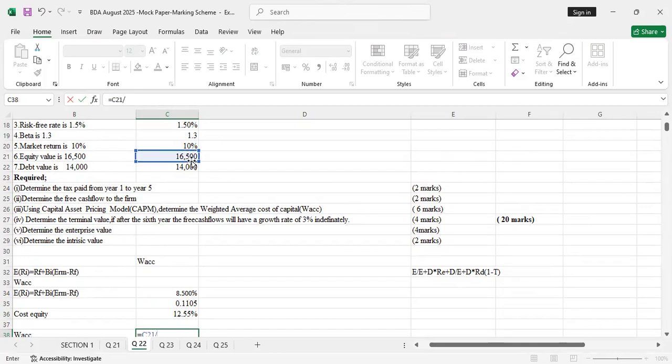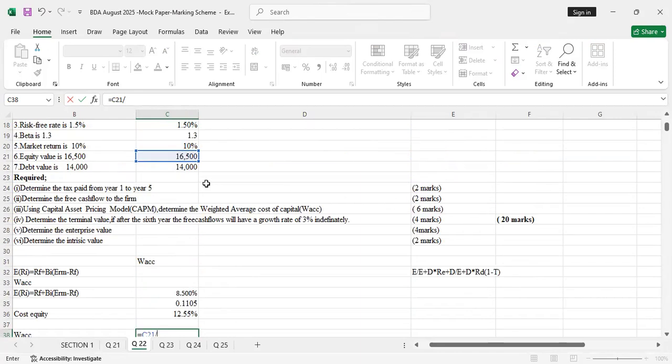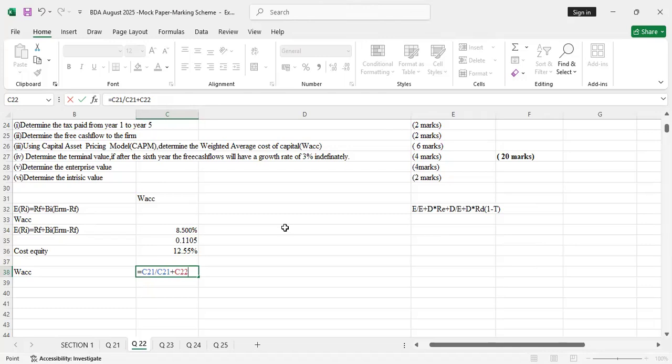You divide by the sum of equity plus debt. What was the equity? Equity value, still this one. Then you add the debt value. That way. And then this is what you multiply. So I'll put a bracket here.